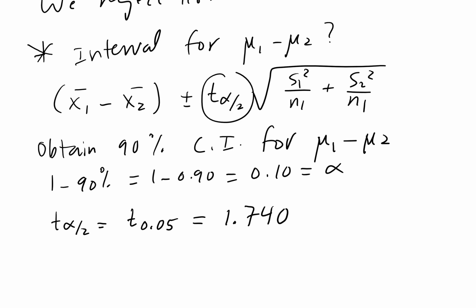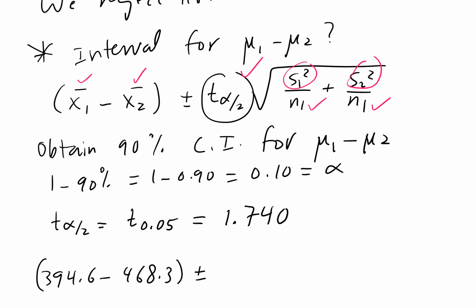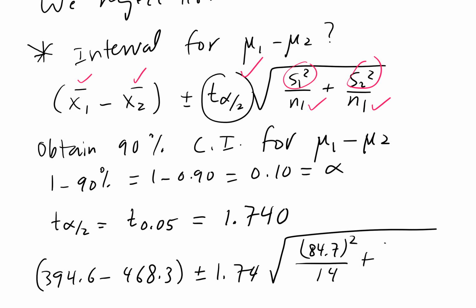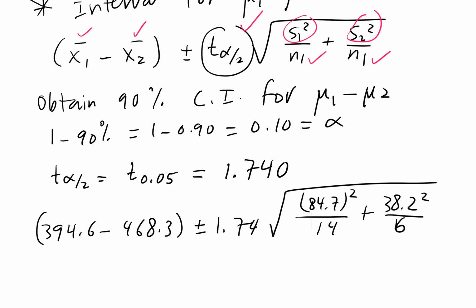Okay, so what is given? They give us n1, n2. We just found this one. S1, S2 are also given. All we have to do is substitute them in. So that gives me 394.6 minus 468.3 plus or minus 1.74, the square root of 84.7 square over 14 plus 38.2 square over 6.